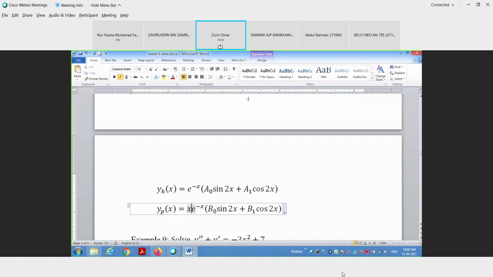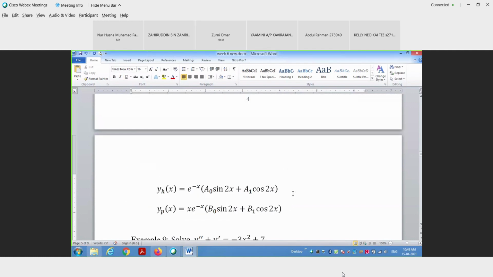Because before this, it is in this form, a combination of exponent and also trigo, but they have different coefficients, representing constants A naught, B naught, A1, B1. But these terms are the same, so you multiply this with X, YP, and now each term is different. This is your final YP.